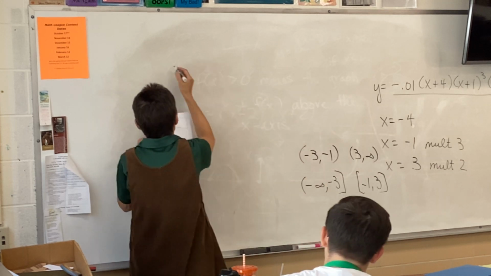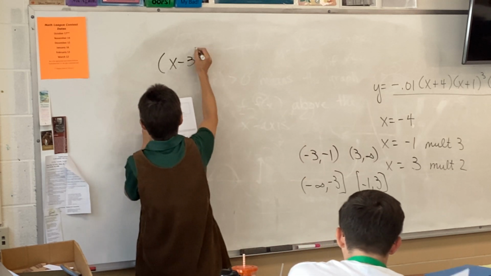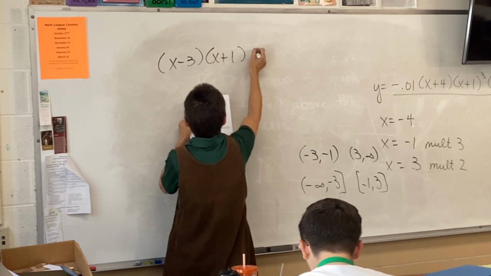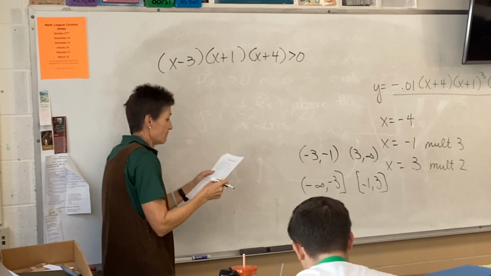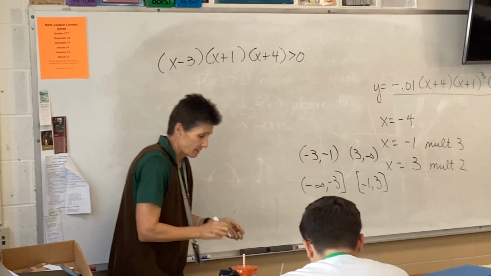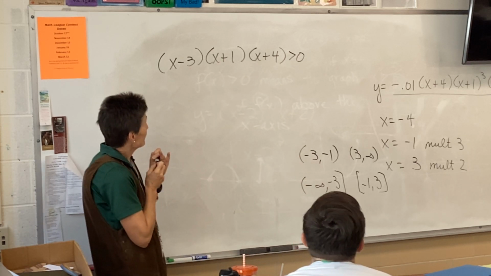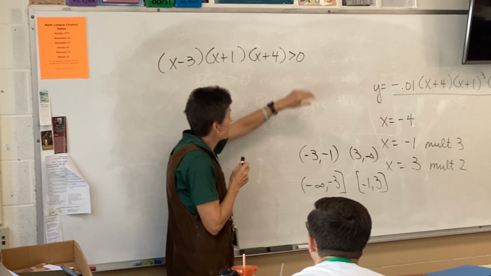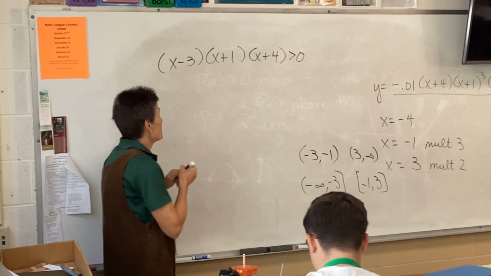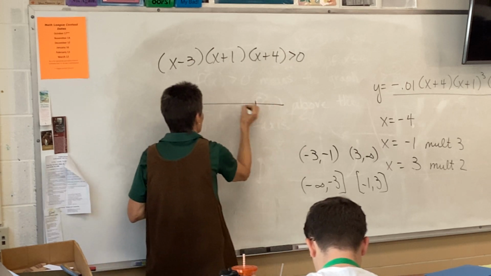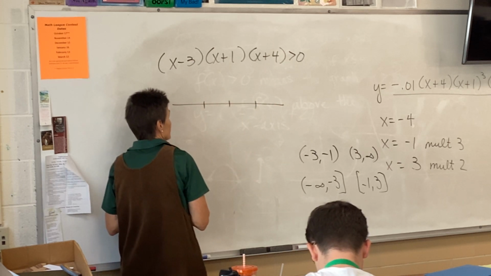If we don't have a calculator, then here is how we're going to handle it. Your job is to figure out what x's create a greater than 0 result. Okay, so let's draw a number line, just like we did before.